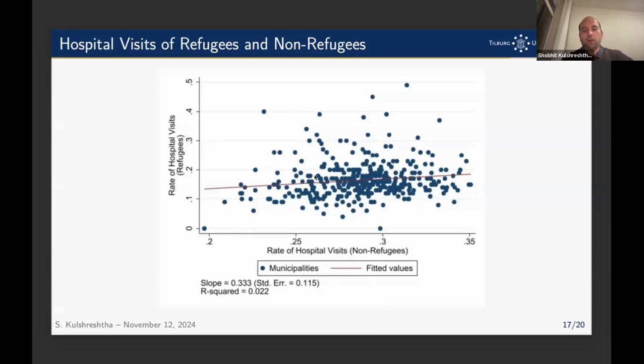And I see a positive correlation, not that strong, but actually significant. So the places where non-refugees have higher healthcare utilization are also the municipalities where refugees have higher healthcare utilization, averaged across the whole time period.